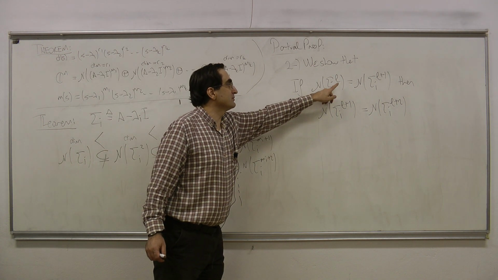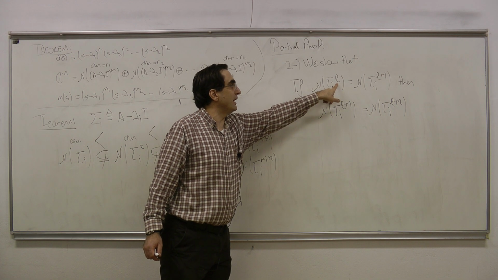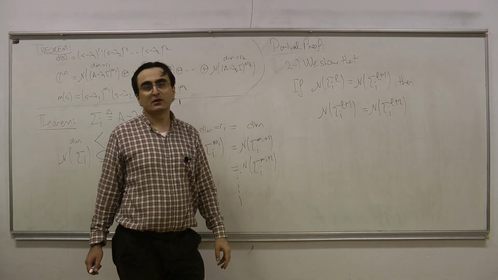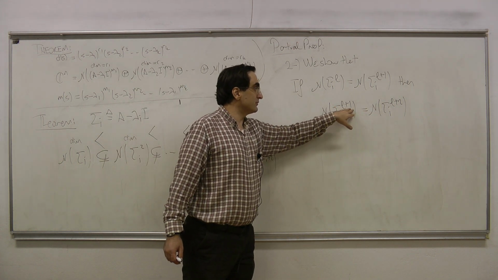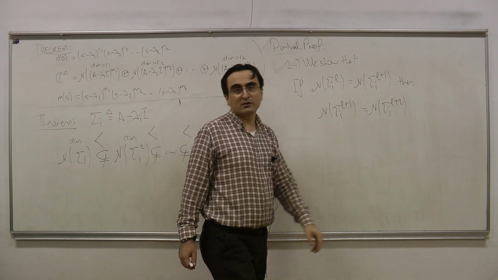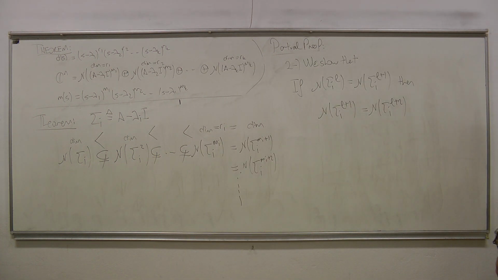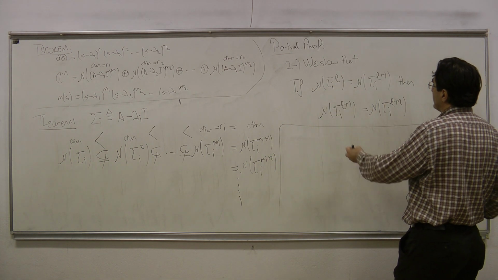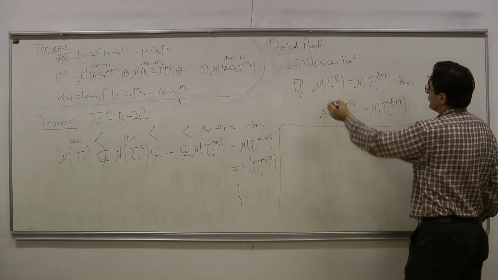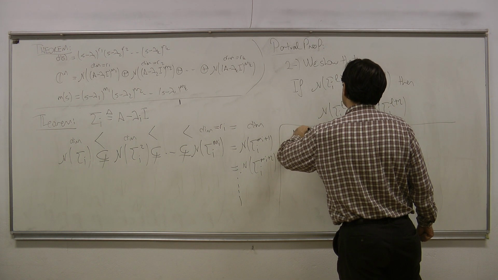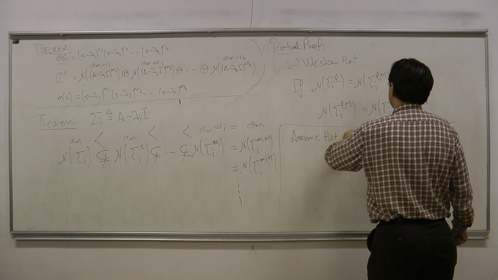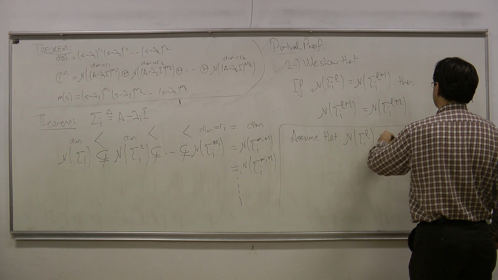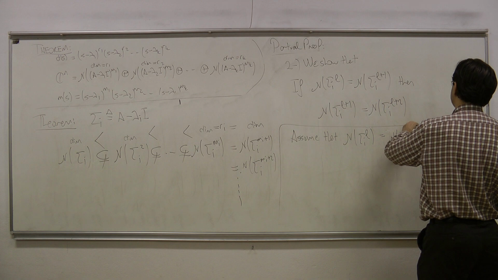Suppose that we have equality between the Lth and L plus first power. We are going to continue to have equalities forever in the next powers, etc. So let us try to do that. Under this assumption, assume that the null space of sigma I to the L is equal to the null space of sigma I to the L plus 1.